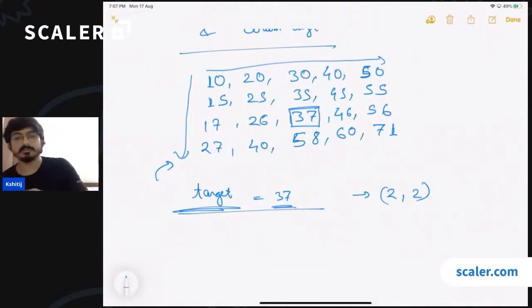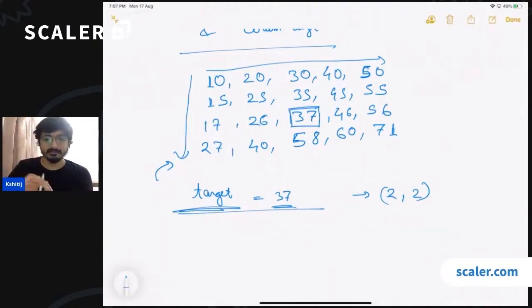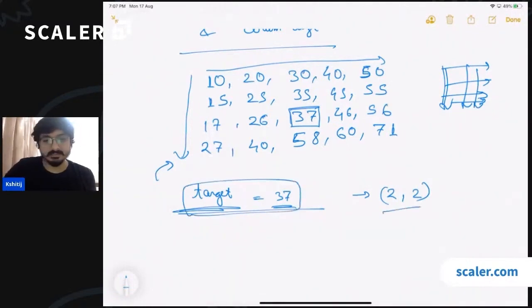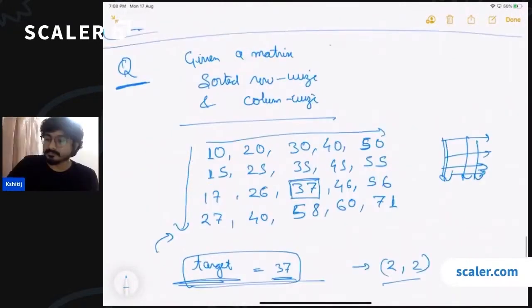For those for whom the problem is not clear, I will quickly repeat it again. You are given a matrix where each row is sorted in ascending order and each column is also sorted in ascending order. Then you are given a target and you have to find and return the coordinates of the target in this matrix. The dimensions of the matrix are n cross n.